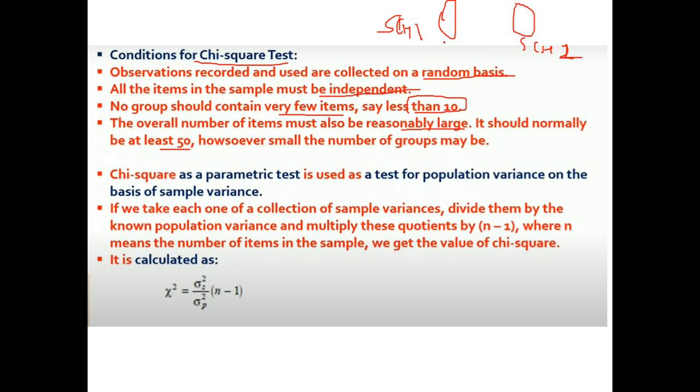You want to check whether they have the same type of relation or a different relation. This is where they use the independence test, right? We are checking whether the two variables are dependent or not, whether they have some relationship or not. So chi-square is used as a non-parametric test.